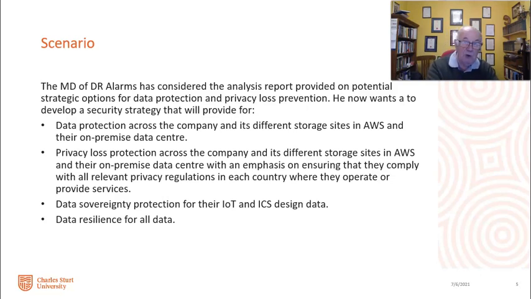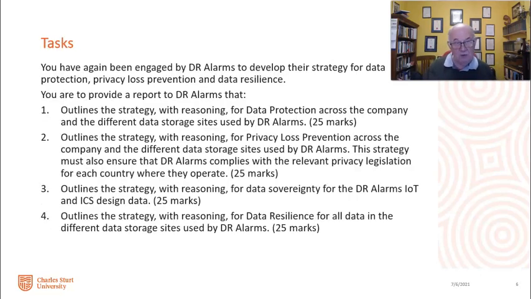They need to look at privacy loss protection across the company, and again in the different storage sites and their data center, with an emphasis on ensuring that all the relevant privacy regulations in each country where they operate, they are compliant with. They want to look at data sovereignty protection for their IoT and ICS design data, and they want to look at data resilience for all data. So that's the strategies that you'll be looking at.